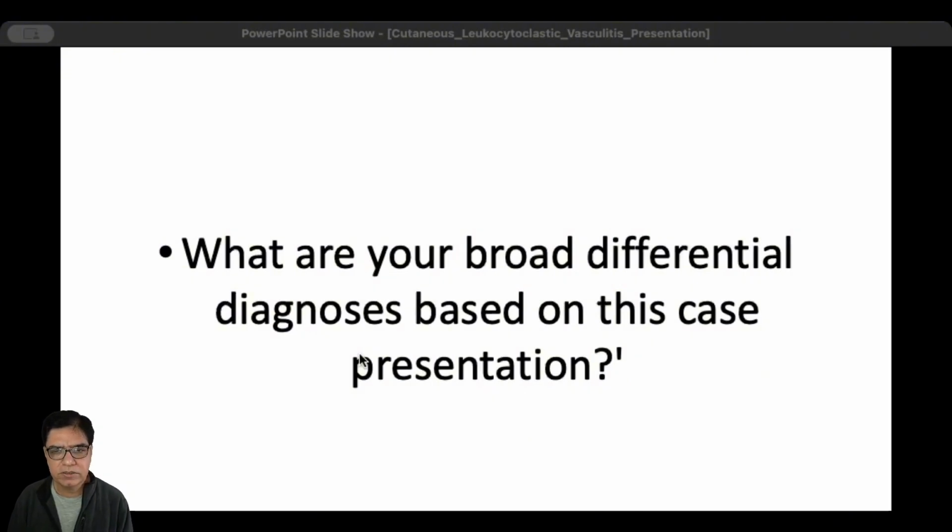Any hematological thing that could present with a non-blanching rash? ITP. Yes. ITP, immune thrombocytopenia, that can present with a rash. Most of the time, thrombocytopenia would present with a generalized rash, but every individual is different.